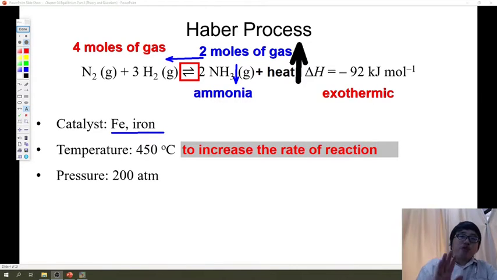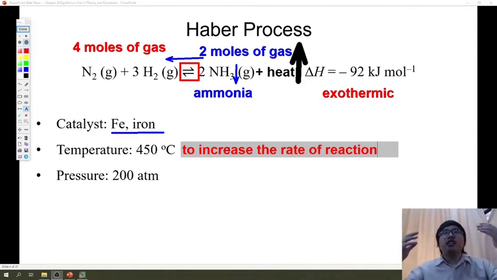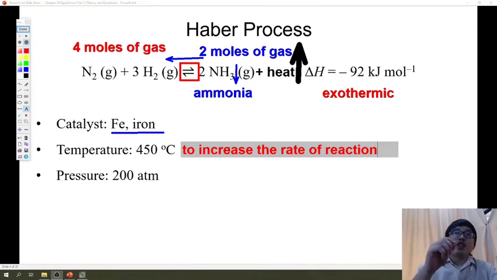Unfortunately, if the reaction is too slow, even if you form a lot of ammonia, it will take a long time. Chemical engineers have calculated they would rather get a small yield of ammonia in faster time. Over days, they will eventually get a lot of ammonia. So that's why they prefer to increase the temperature.